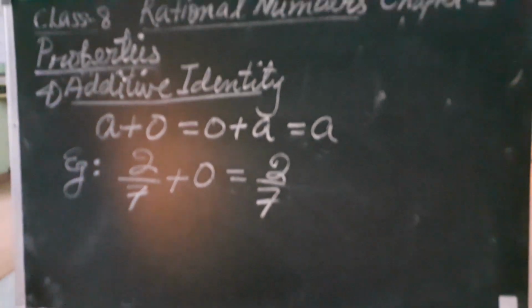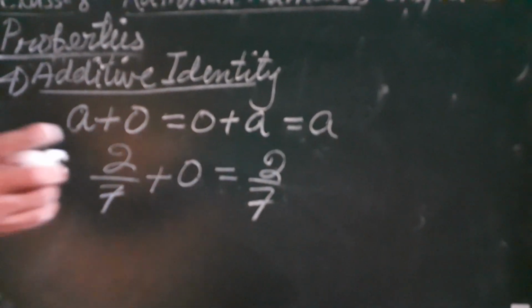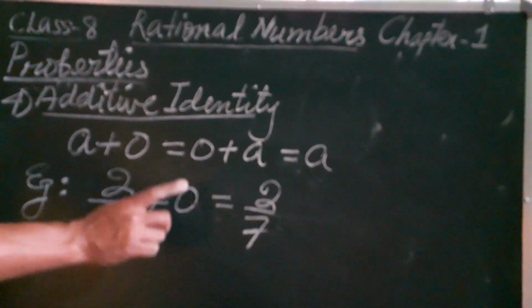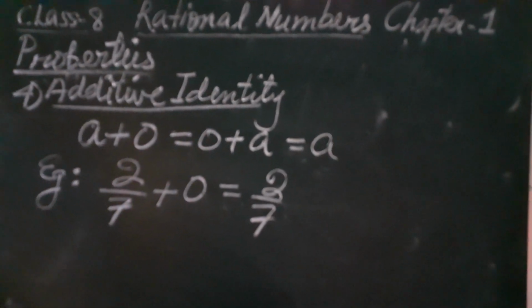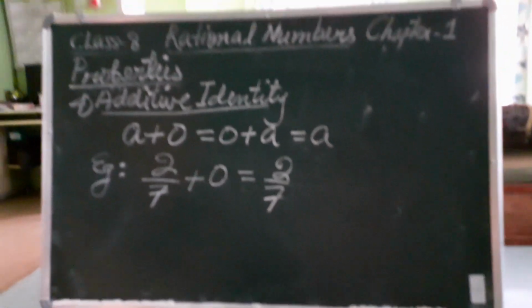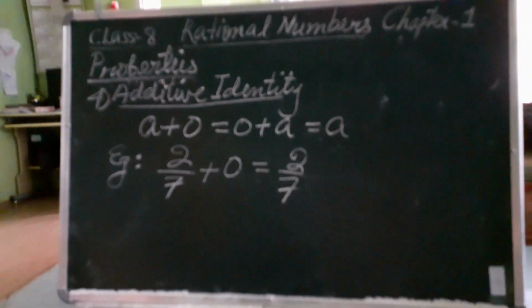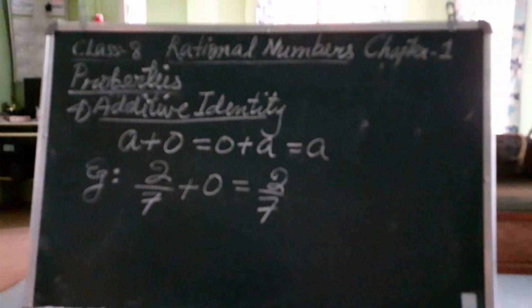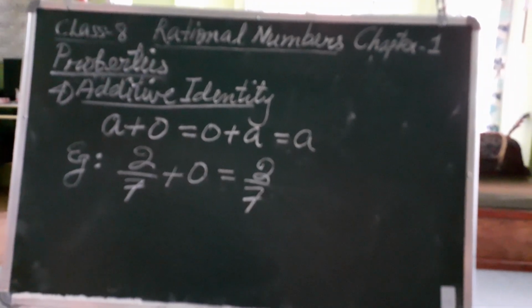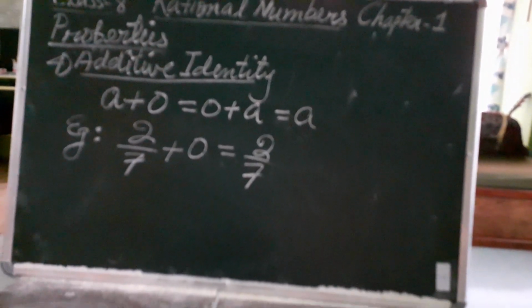This is called additive identity. 0 is called the additive identity of rational numbers.